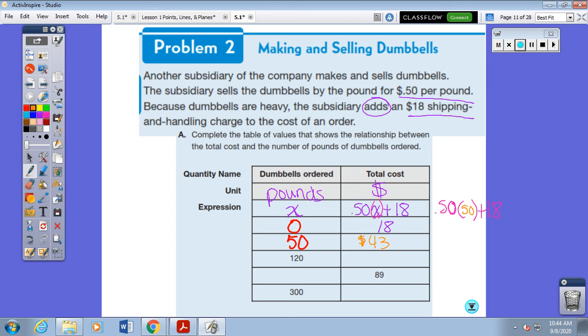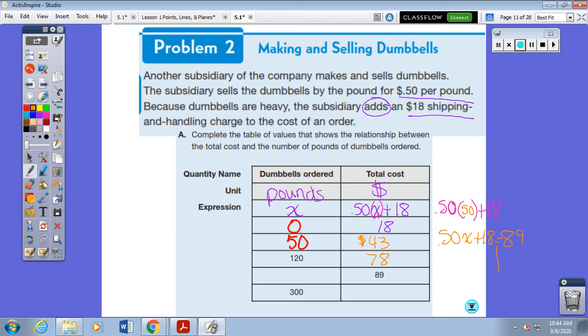And then you plug in, so you take that and change it out, and then you do 50 cents times 120 plus 18. It's going to give you $78, and then you keep going. But now 50 cents times X plus 18 is going to equal $89. So you're telling me it's going to be $89.